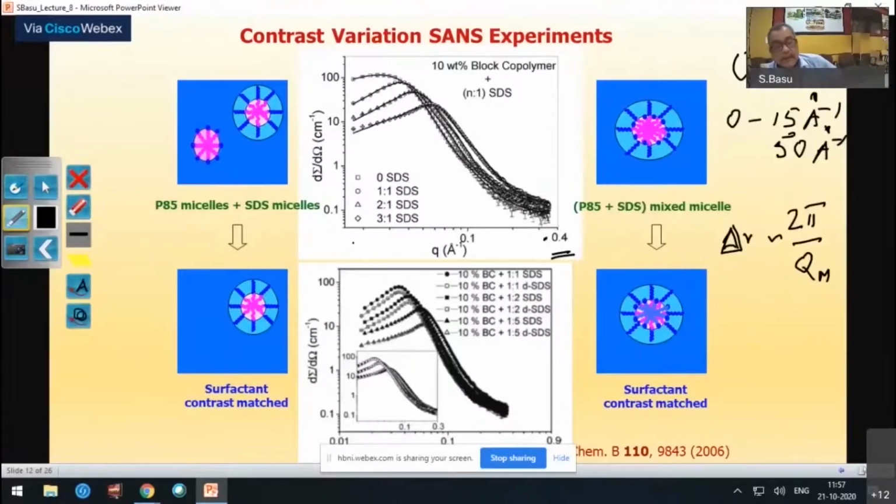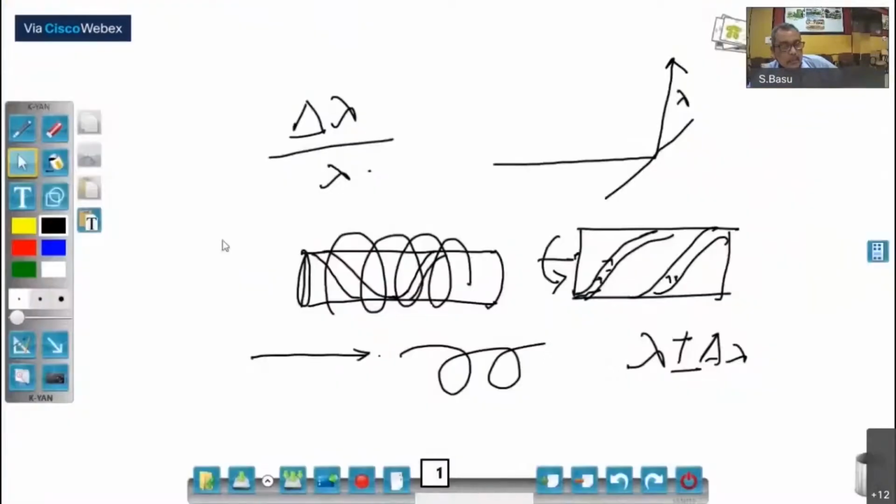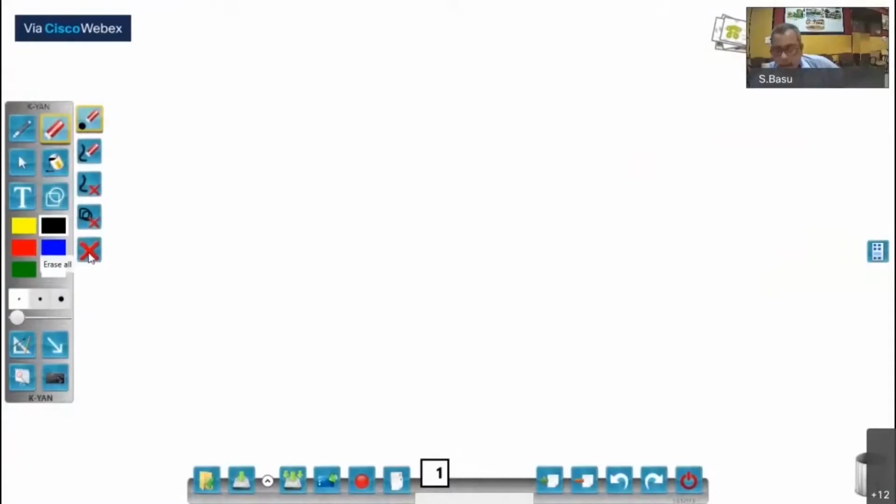And when we talk about large structure, we cannot talk about crystallographic points. Rather, we talk in terms of a density.